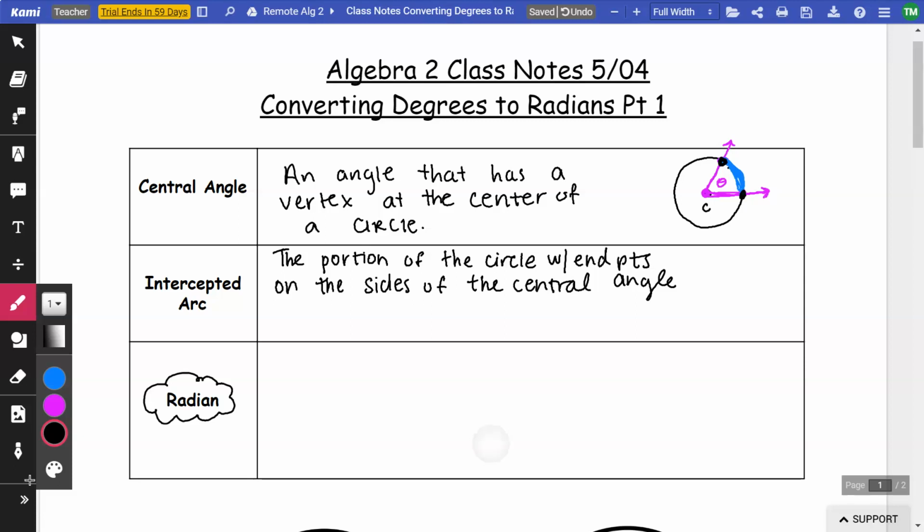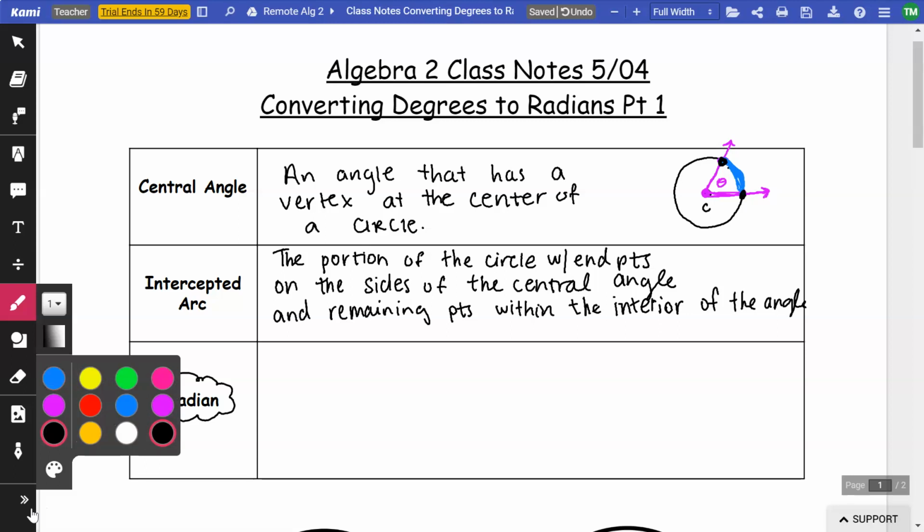The remaining points of the intercepted arc are within the interior of the angle.